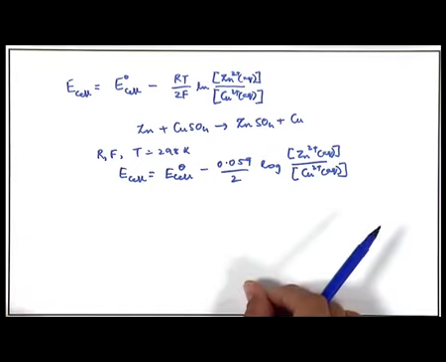With the information about the various half cells, you can pick specific half cells to construct different types of cells, where the total cell reaction will be the combination of individual half cell reactions. Okay, so this much for today. In the next lecture, we will take up some examples and some applications of EMF measurements and some other aspects of electrochemistry. So, till then, thank you.